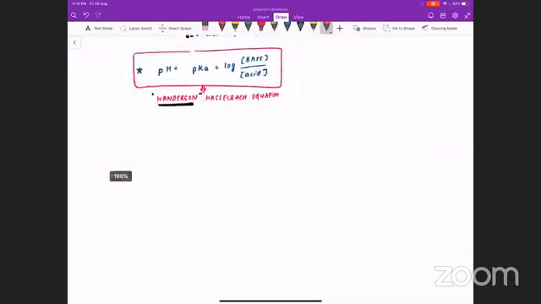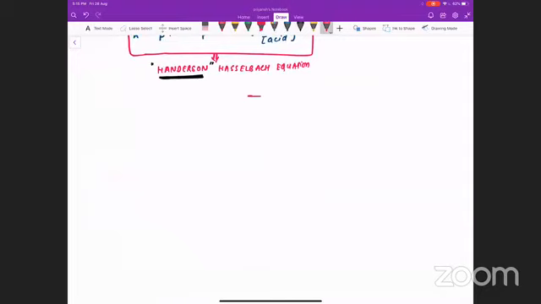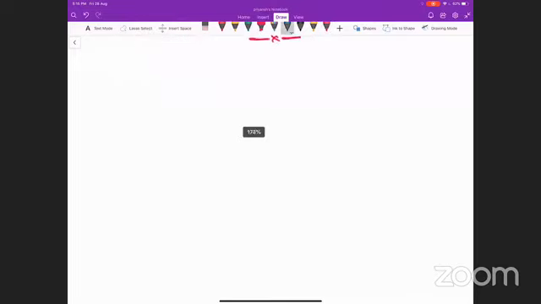Next thing is that will be a reaction. This is the first reaction that we are going to discuss in biochemistry. The reaction that we are going to discuss is decarboxylation of amino acid. That will be the first reaction for us in biochemistry.